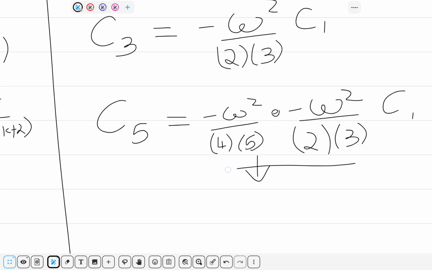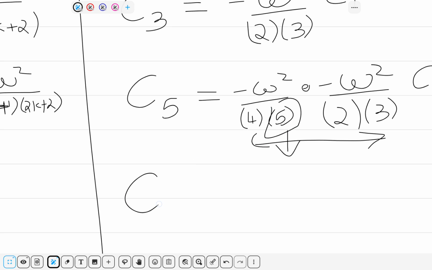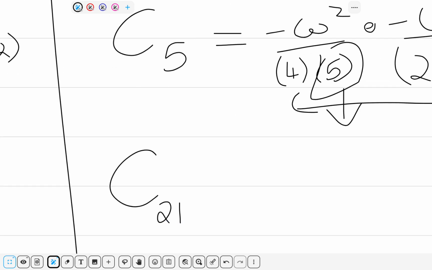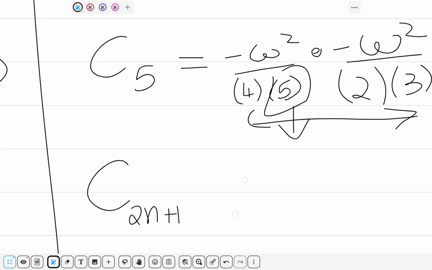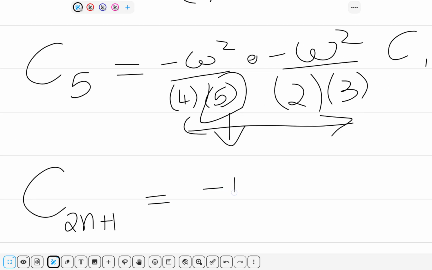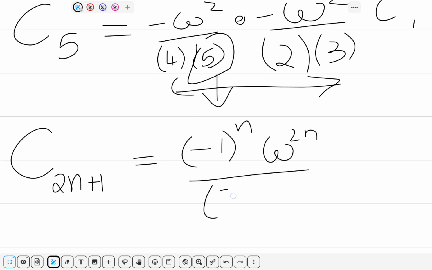If I follow this pattern which I am seeing, for any odd number I will have again minus 1 power n omega square power n divided by 2n plus 1 factorial, c1.